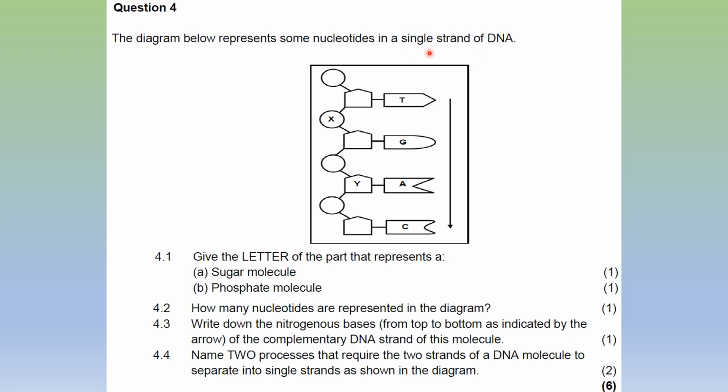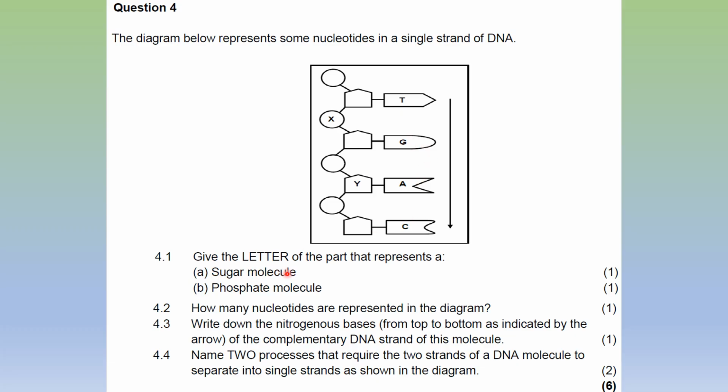It's just showing us one strand of the DNA structure. And it's showing us that it's reading from top to bottom. This would be my sugar portions. This would be my phosphate ions, and these are my nitrogenous bases, which has made it easier because they've actually indicated the nitrogenous bases on it.